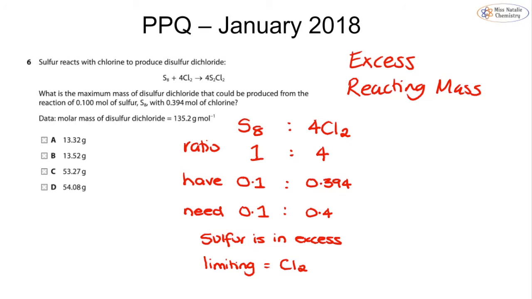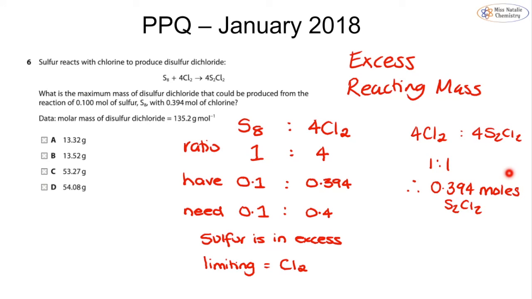So now I look at the disulfur dichloride and the chlorine, and we can see that they are in a 4:4 ratio or a 1:1 ratio. So that means if I use 0.394 moles of chlorine, I must make 0.394 moles of disulfur dichloride.